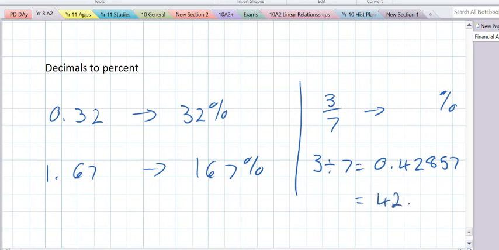Good. 42.857, or we probably round it to 86%. Alright. So when we're going from 0.32 to 32 by multiplying by 100, when we go from decimals to percent, we multiply by 100.